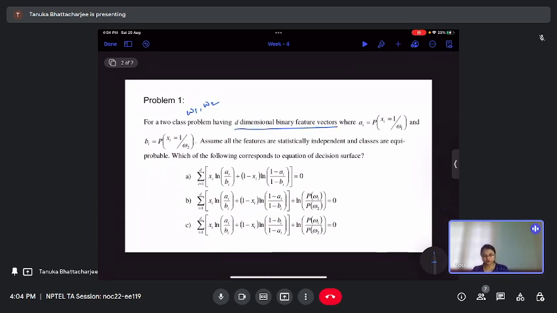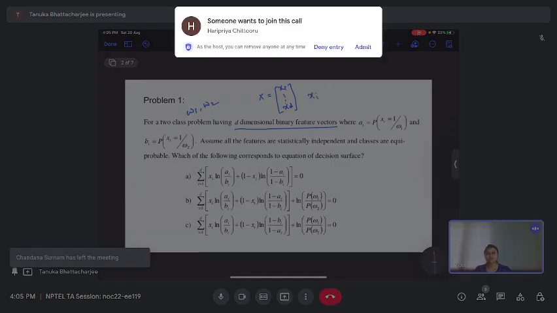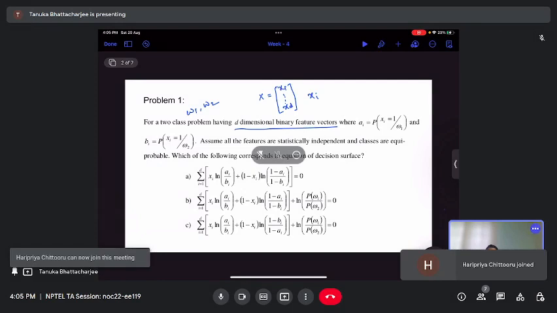The entire feature vector, if I denote it by capital X, has d components, small x1 to small xd, and each of these components is a binary feature. So xi can take only binary values, either 0 or 1.